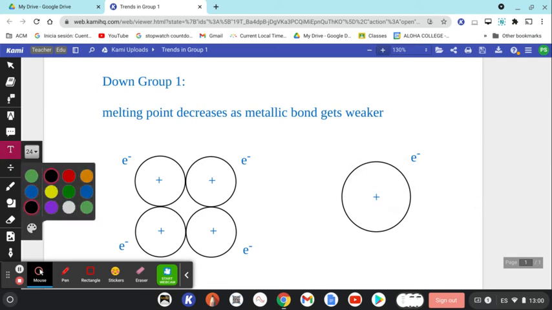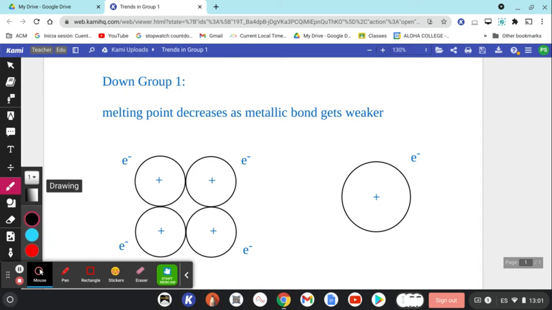So the electrostatic attraction gets weaker, again, between the nucleus and the delocalized electron. So that is why, for example, lithium will have a higher melting point than sodium, because sodium is lower in the group.